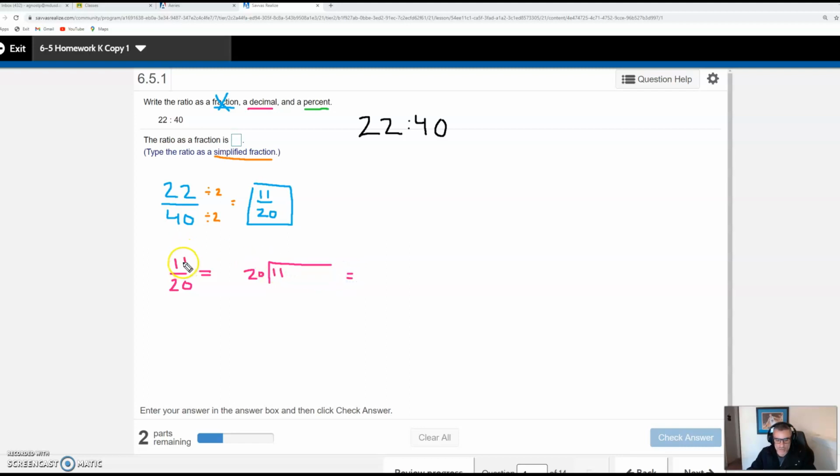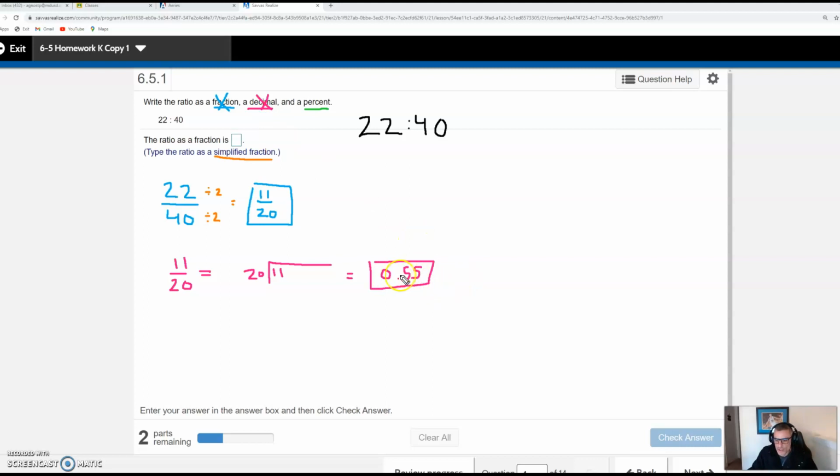But a fraction always means the top divided by the bottom. So 11 divided by 20. And when I do 11 divided by 20, I get 0.55. So there's my decimal form. So I can cross that one off.